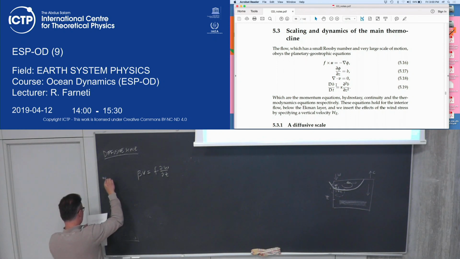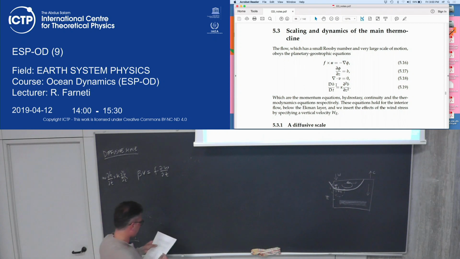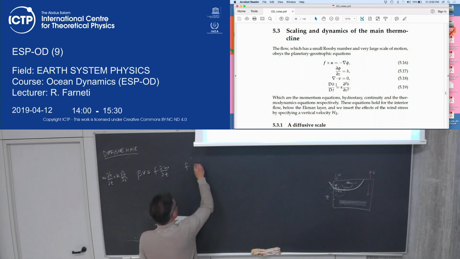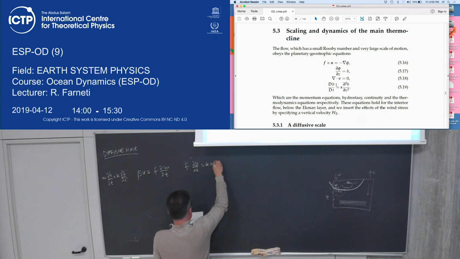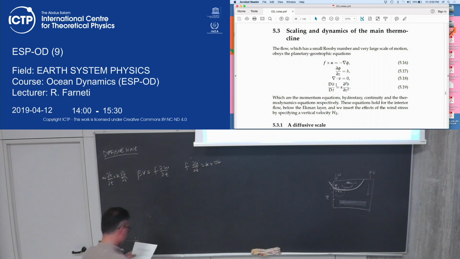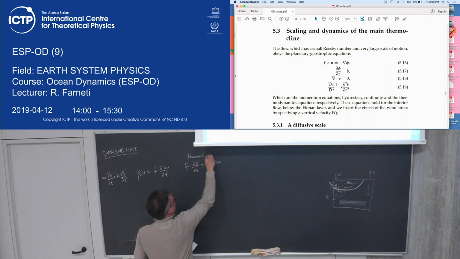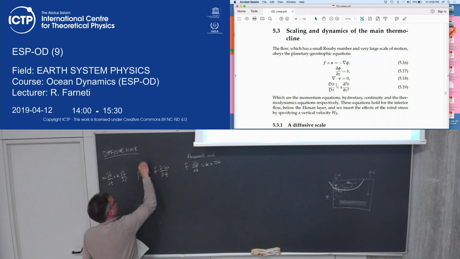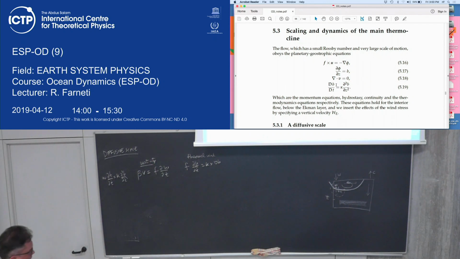Then the kinematic equation is this, and then you have the thermal wind equation. Okay. So you have the thermal wind, and you have the vorticity, okay, and the kinematic equation.